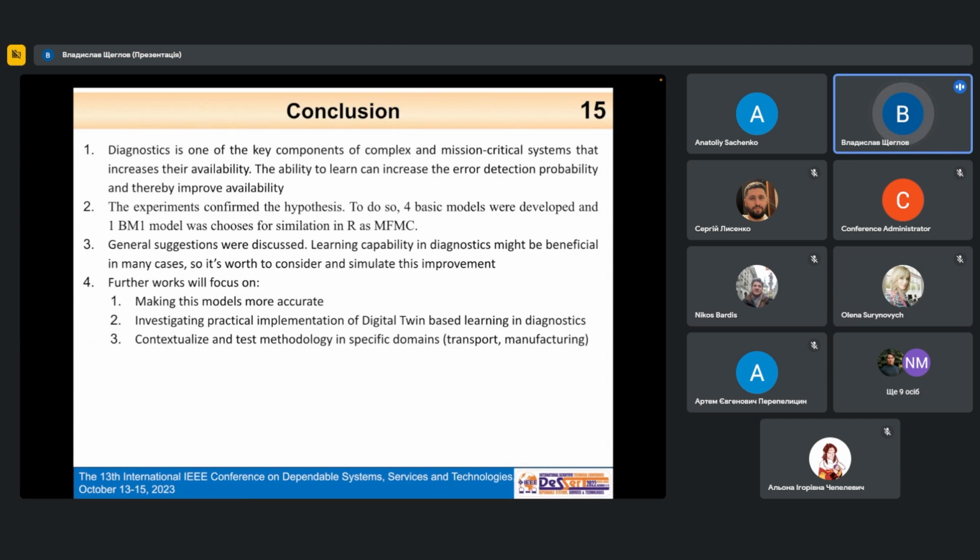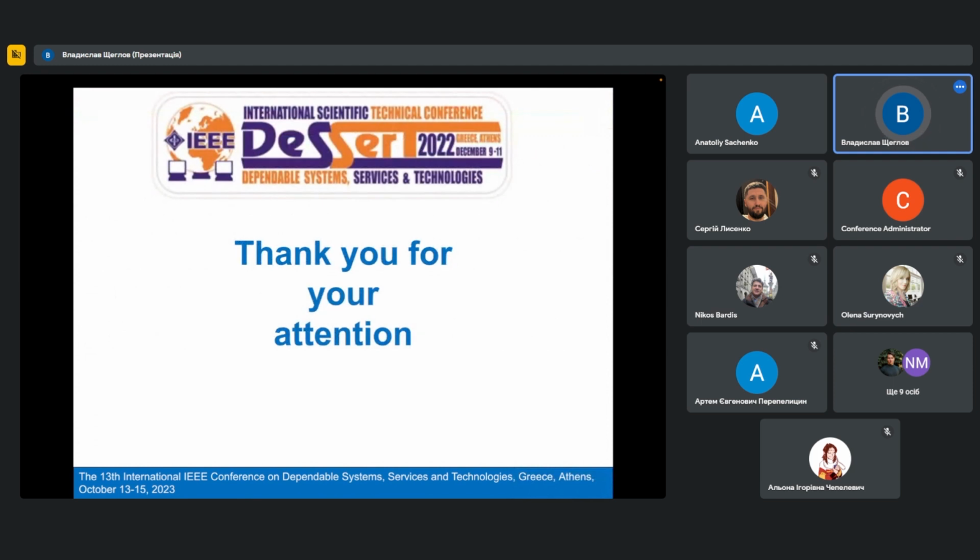But there are cases when we should avoid this learning. Finally, further work will focus on making these models more accurate, investigating the practical implementation of making this diagnostic means intelligent, and contextualizing our methodology in domains like transport or manufacturing.